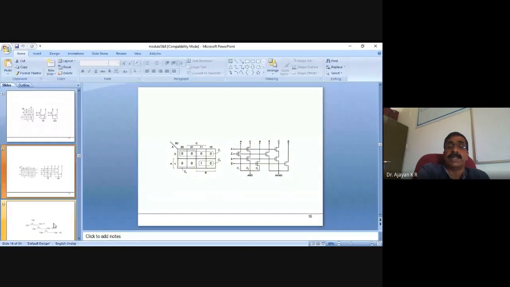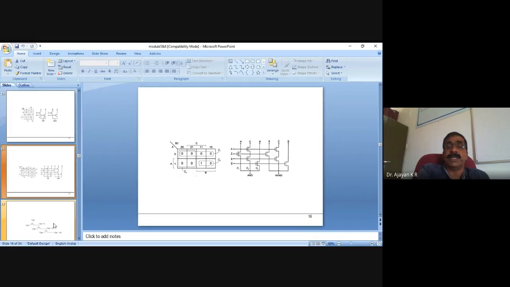Then the second condition is A is equal to 1. A is equal to 1 means if B is equal to 0, output is 0. If B is equal to 1 means output is C. You can see that.